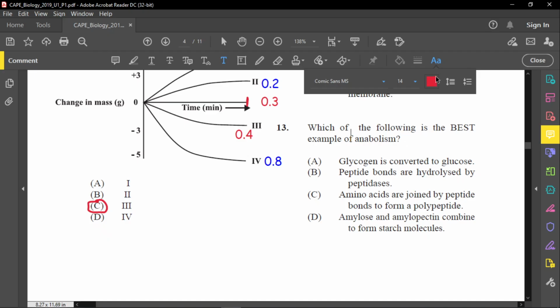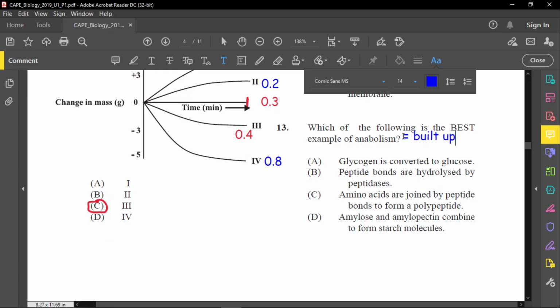When we talk about anabolism, just to make a note right here, anabolism means to build up substances, forming more complex structures or substances. Catabolism means to break down. So anabolism means to build up.